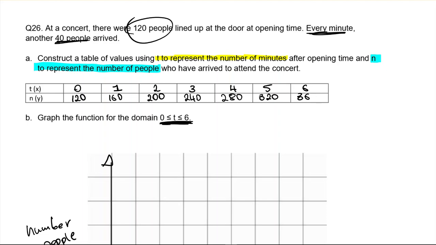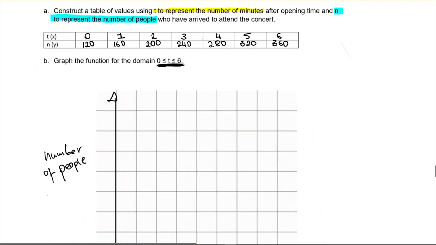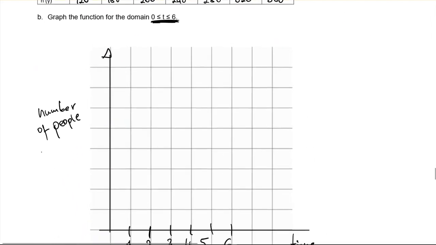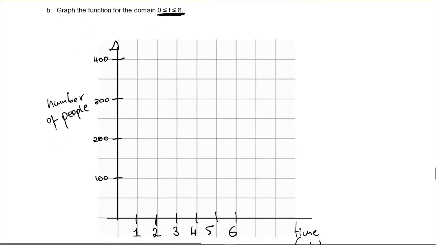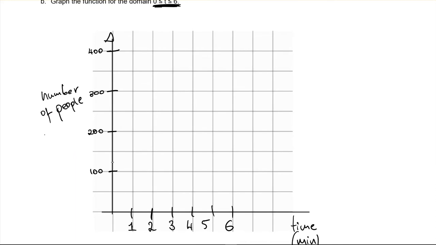Okay, so we are graphing it between 0 and 6. So we've got our values. We know the largest one is 360. So let's say if I go 100, 200, 300, 400, that makes my life easy. At time 0 I've got 120 people, so probably about there.